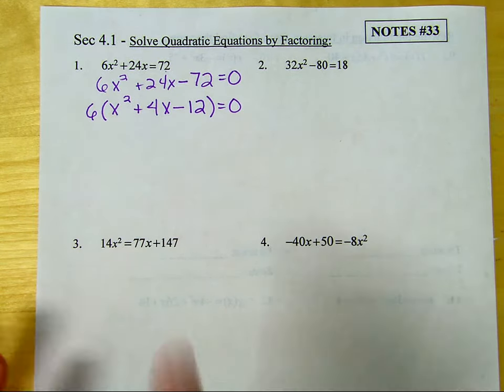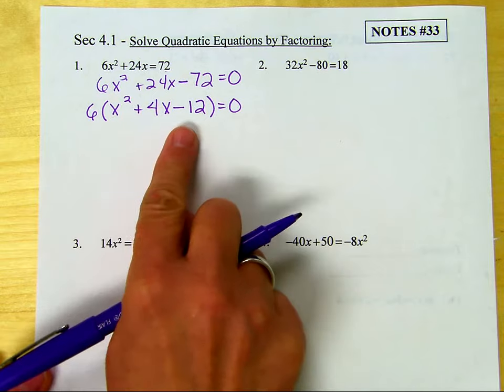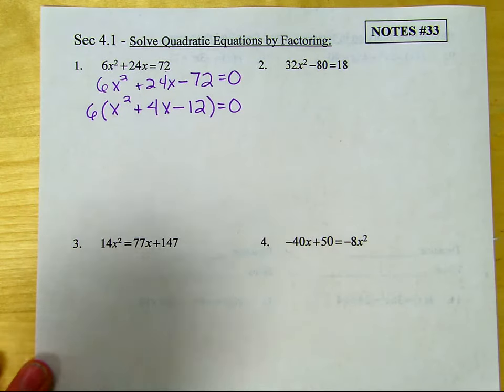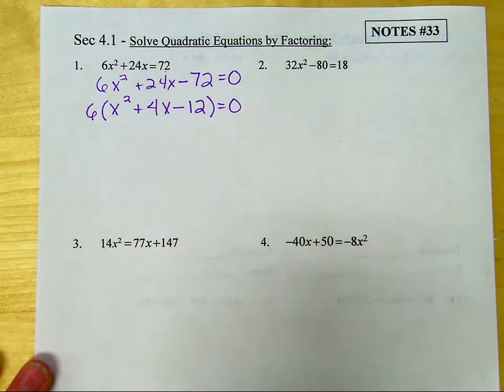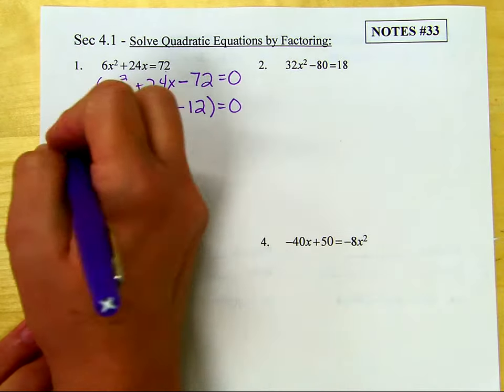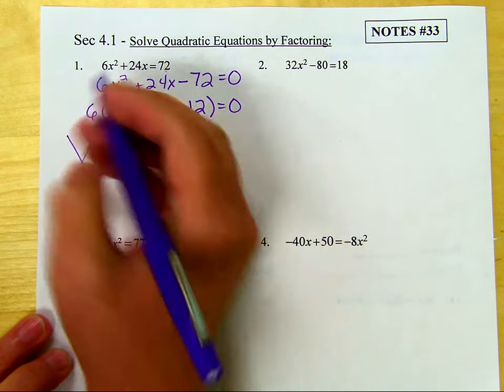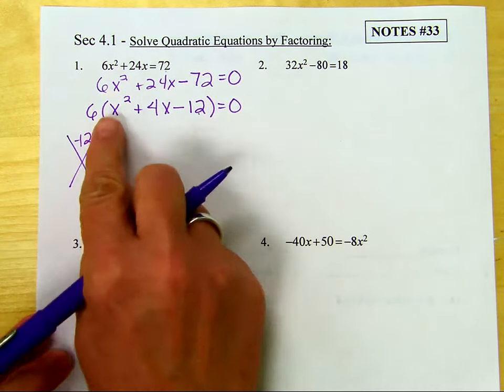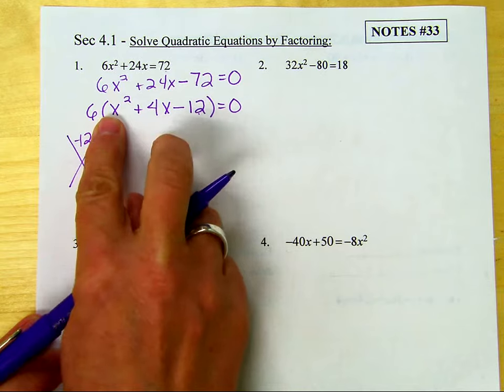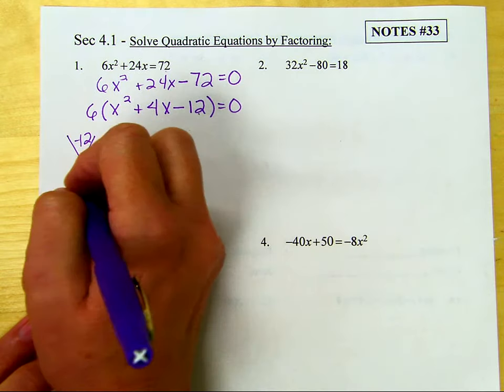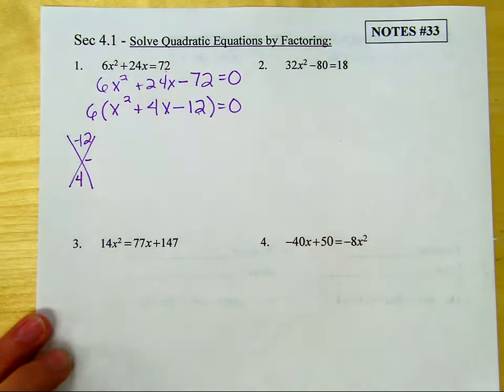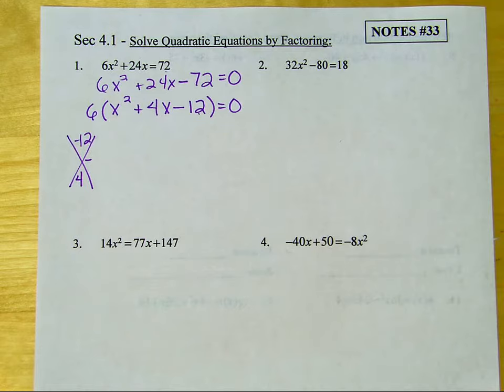All right. Inside the parentheses, I have to look again. Are there any more common factors? No, I got them all out. Is it a difference of squares? Is it positive perfect square trinomials? No. It's that x thing. So we're just going to do the factors of negative 12. I don't have anything I have to multiply that by, that add to be 4. 1 positive, 1 negative. 6 and 2.